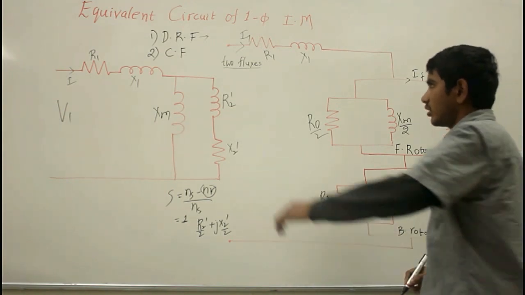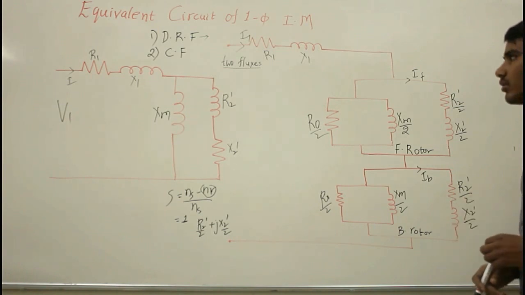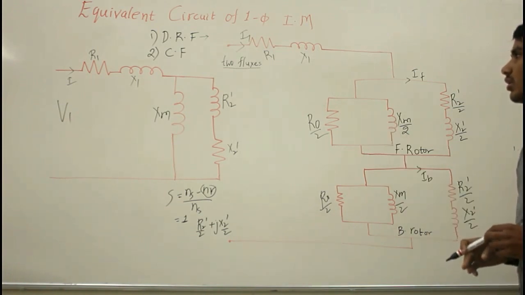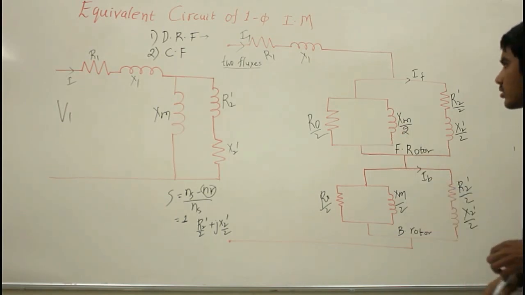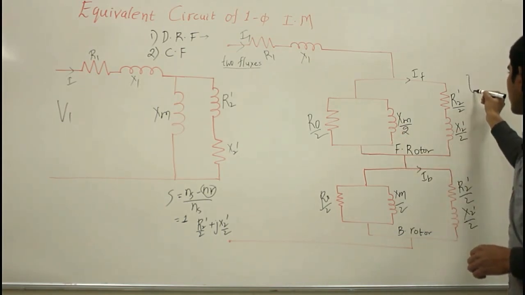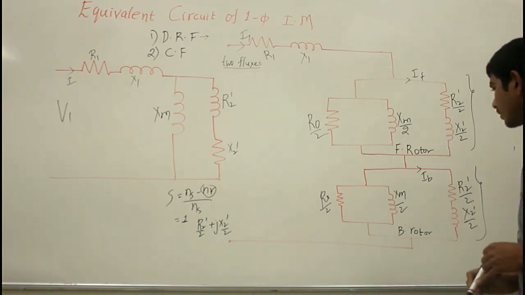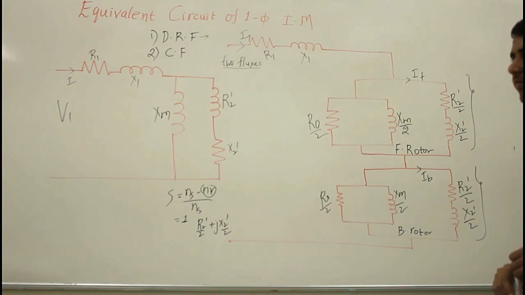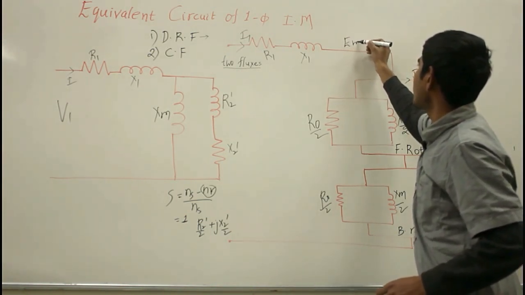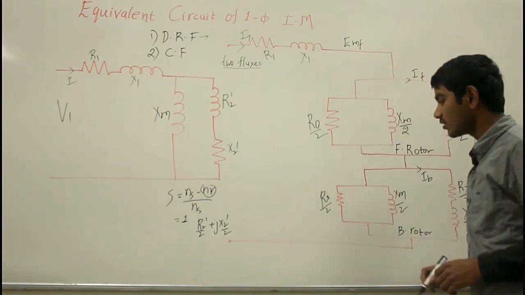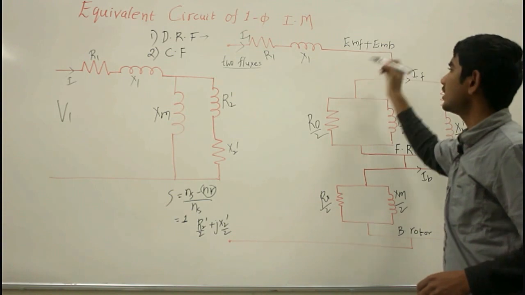According to double revolving field theory, we have split the pulsating stationary magnetic field into two fluxes. This part shows the effect of the forward field flux and this shows the effect of the backward field flux. The forward field flux induces a voltage EMF and the backward field flux induces a voltage EMB in the main stator winding.